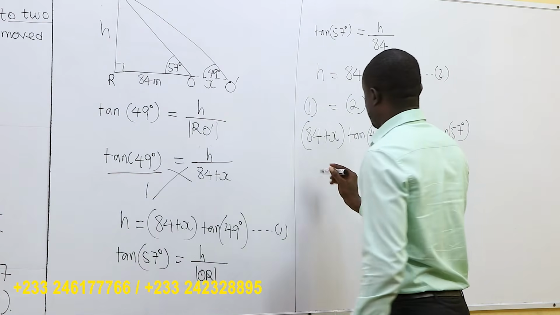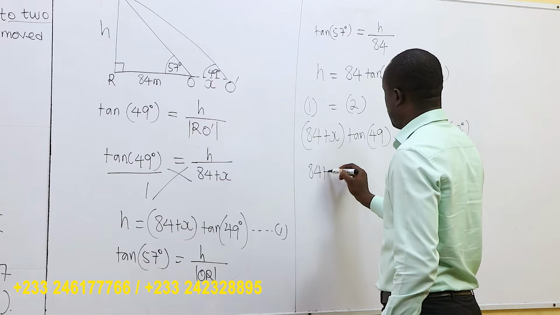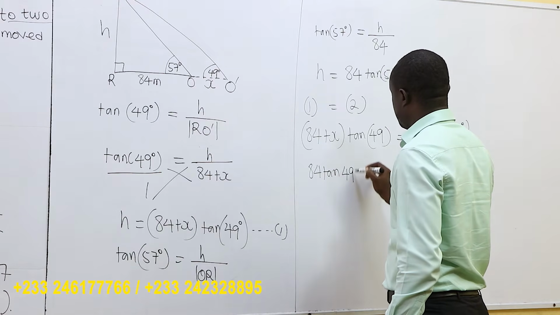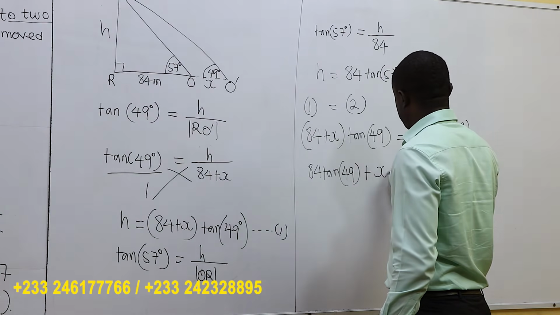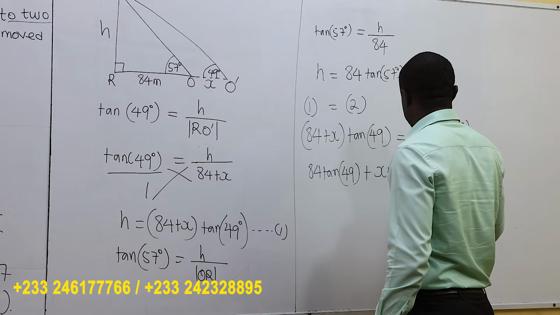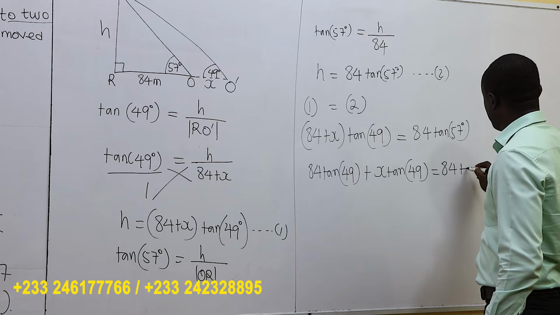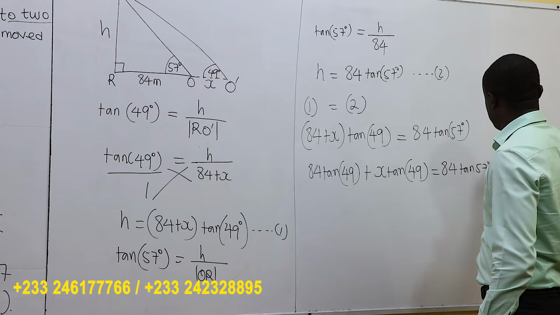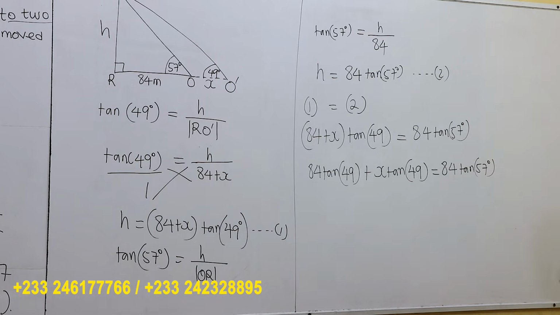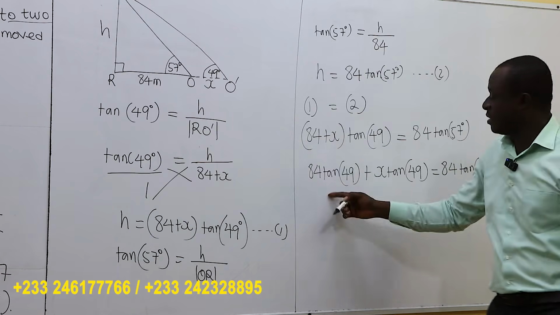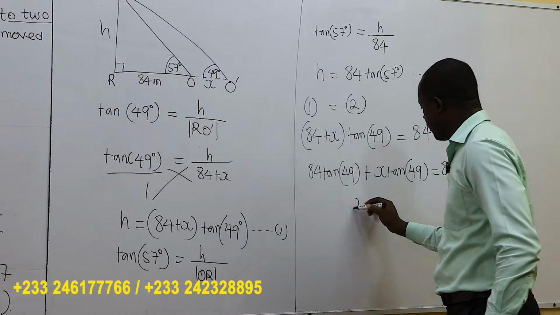So this gives 84 tan 49 plus X tan 49, and this is equal to 84 tan 57 degrees. Group like terms: this has to move to the other side.